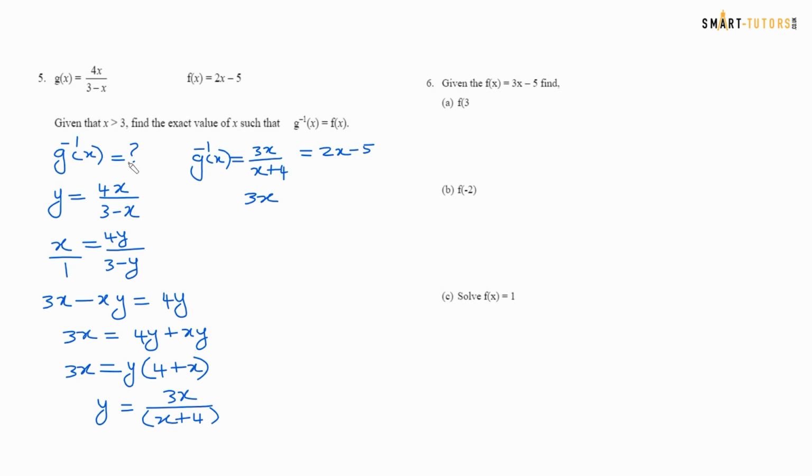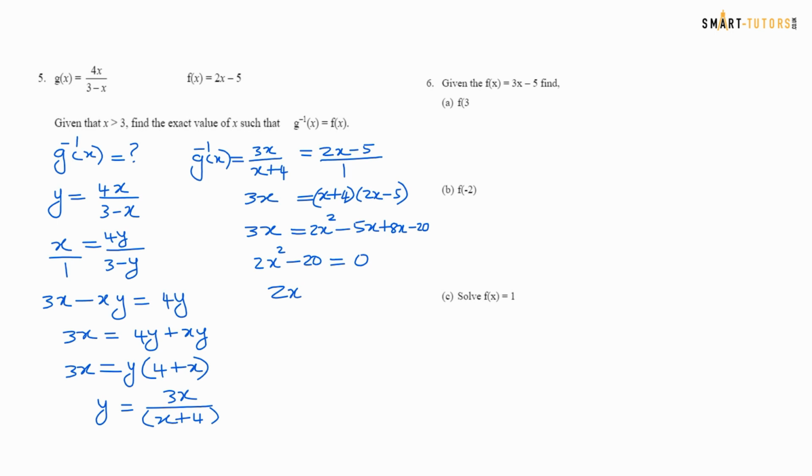So 3x over (2x minus 5) over 1, so cross multiply: 3x equals (x plus 4) times (2x minus 5). So we need to expand the bracket: 2x squared minus 5x plus 8x minus 20, and here I got 3x. So 2x squared minus 5x plus 8x is 3x, that 3x minus 3x is 0, and minus 20 equals 0.